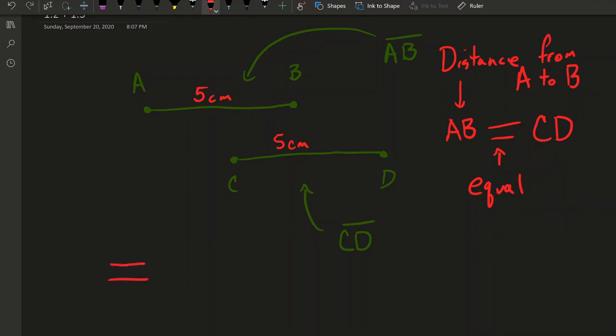It's an equal sign with a little curly on top of it, and that sign means congruent. Congruent is like equals, but for pictures, for figures. So what I'm saying here is that the segment AB, with the line over it, is congruent to the segment CD.